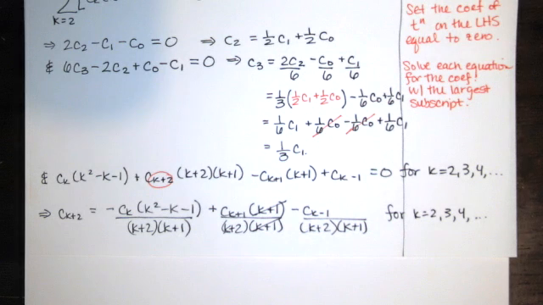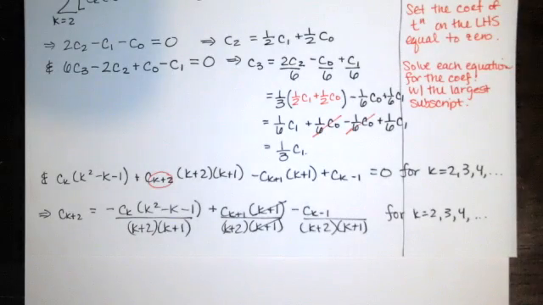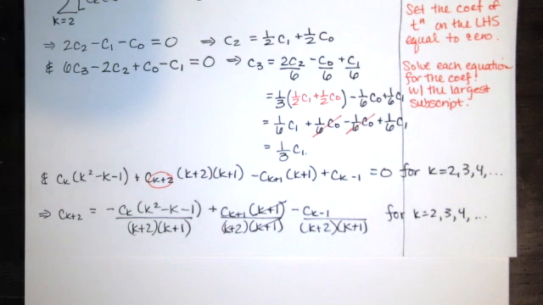So we've already got the automatic c sub 0 and c sub 1 terms. And then we've got another one that depends on c sub 0 and c sub 1, and a third that depends on c sub 1. So we want to substitute in values of k to this expression until you've got 5 coefficients total that depend on c sub 0 and 5 total that depend on c sub 1.